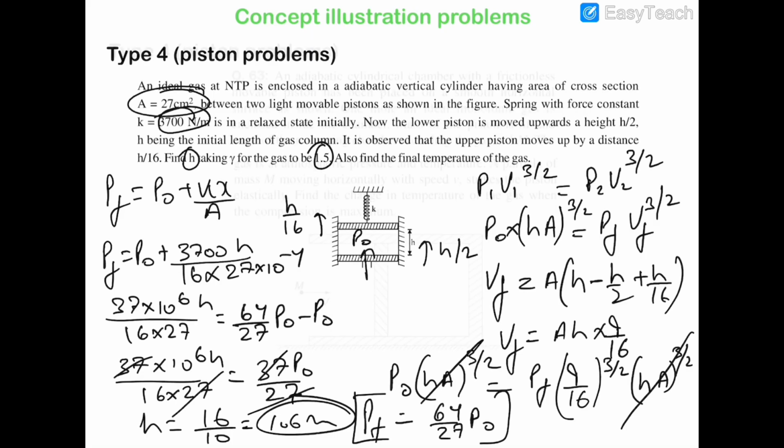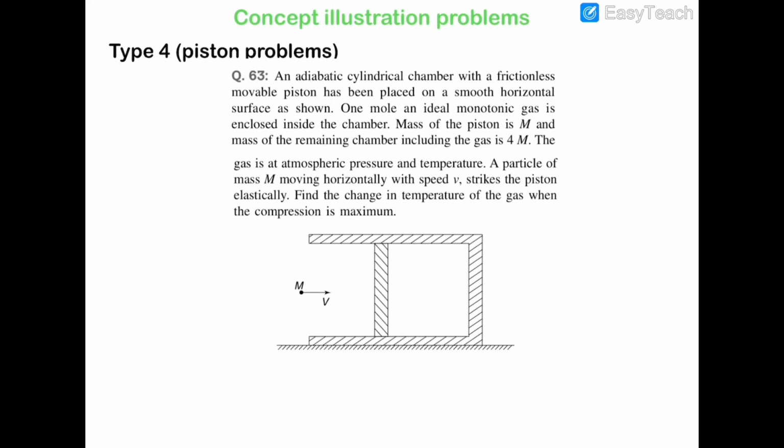Now we move on to the next question. In this question you can see that there is an adiabatic cylinder, and there is a movable piston which is also adiabatic, and this piston can move freely inside this cylinder.